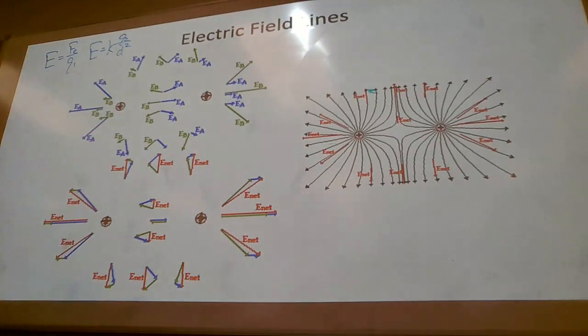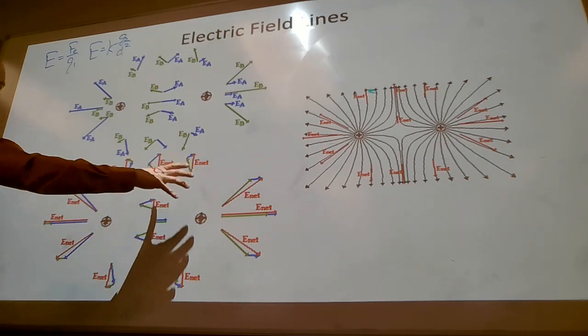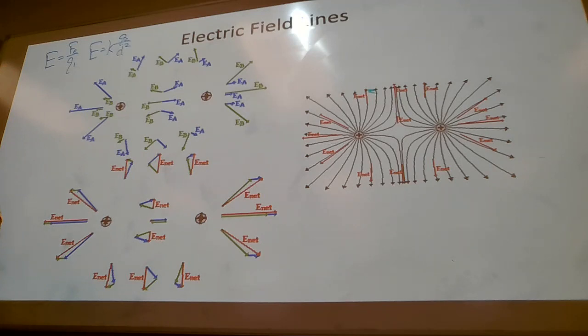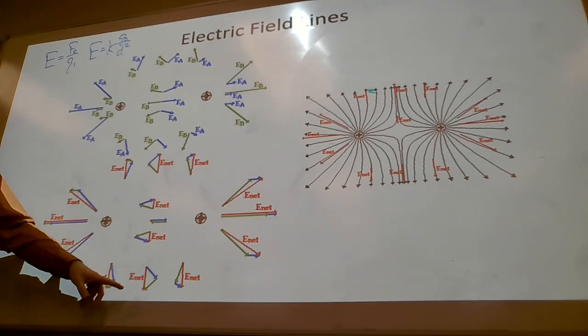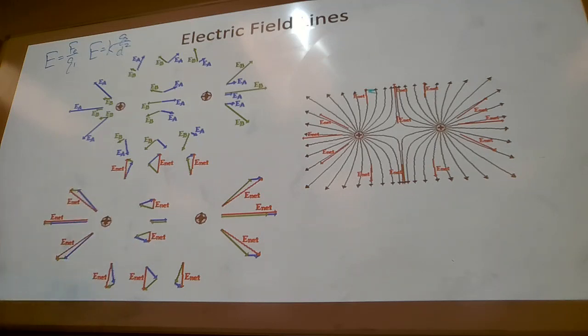So I got two different fields in the same space. So I want to find the net electric field. And so I'm doing head to tail here. I'm finding the resultant of the electric fields with the red arrows. Find the resultant vector. Okay with that?